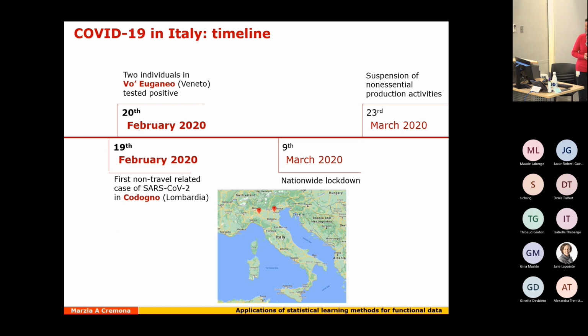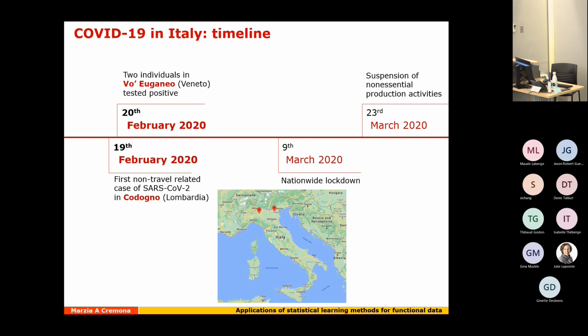So let me start with some timeline. Italy was basically the first country outside Asia to be hit hard by COVID. We had the first non-travel related cases at the end of February 2020, here in the north of Italy, in Lombardia and Veneto.